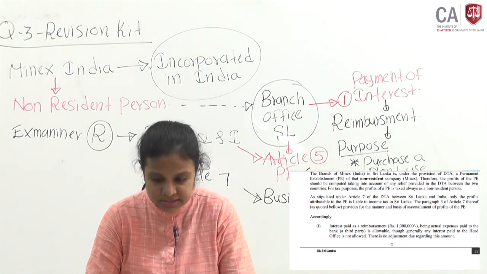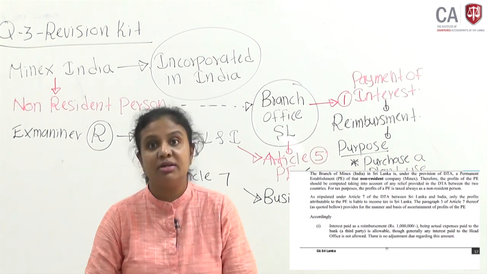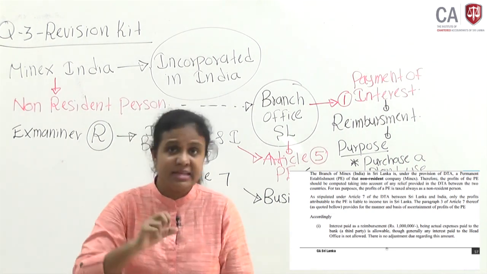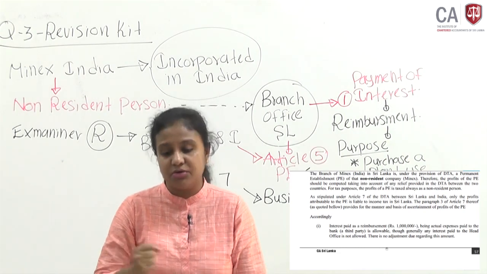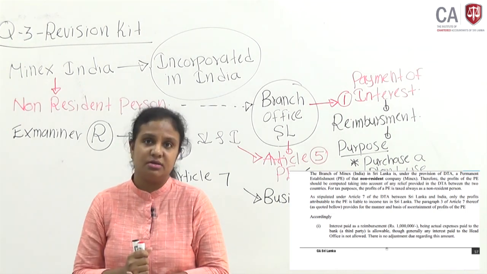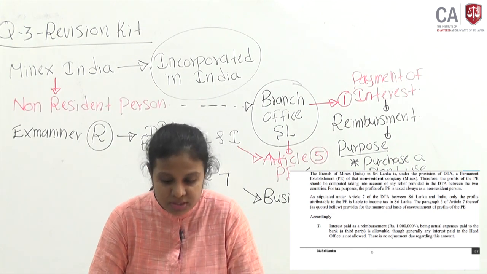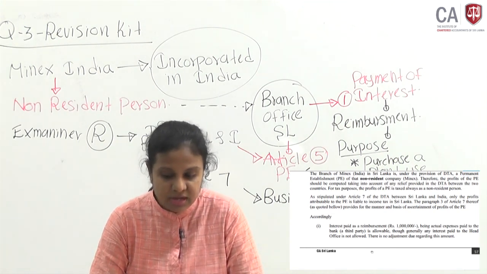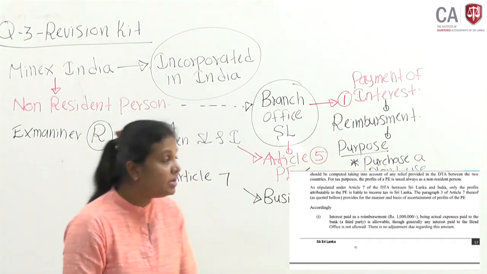True, generally any interest paid to the head office is not allowed. But there is no adjustment due regarding this amount. It is mentioned that this is an allowable deduction.